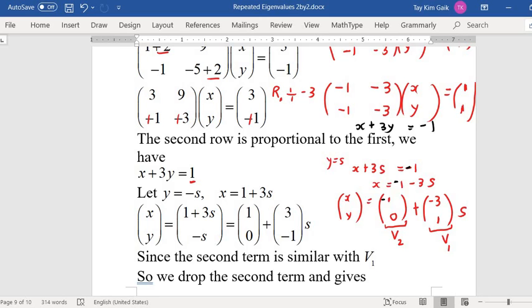If we use the other version where y equal to negative s, this one is y equal to s.